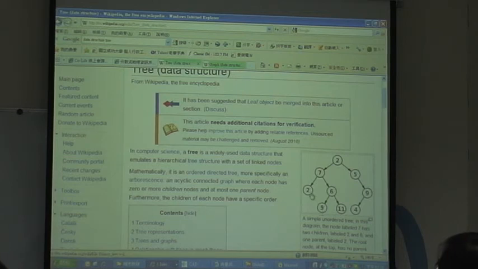So if we add one more link from 2 to 5, then it's not a tree. By definition, every element of the tree always has one parent, except the root. We call this one the root. So by definition, there is at most one parent for each node.